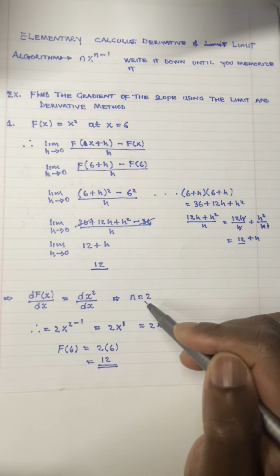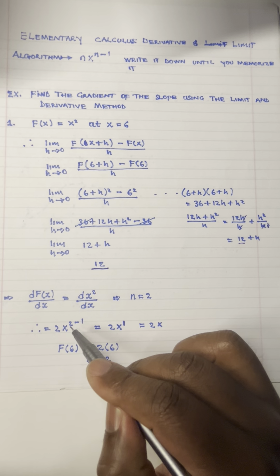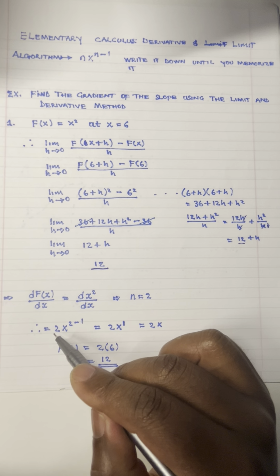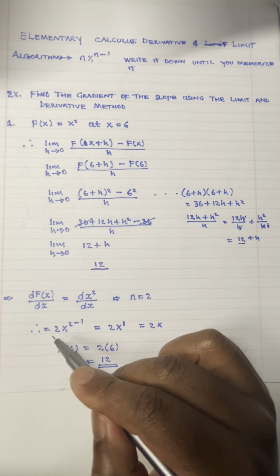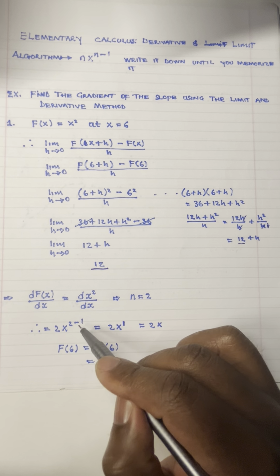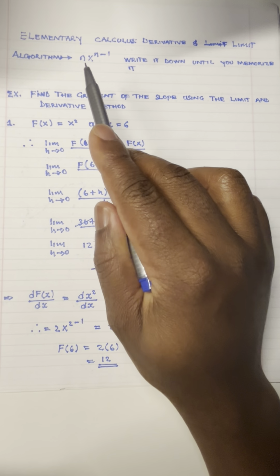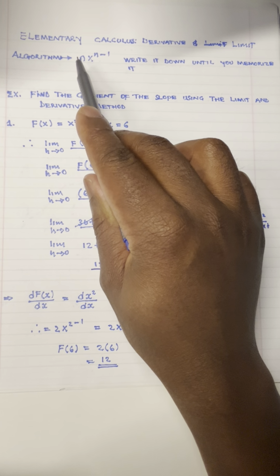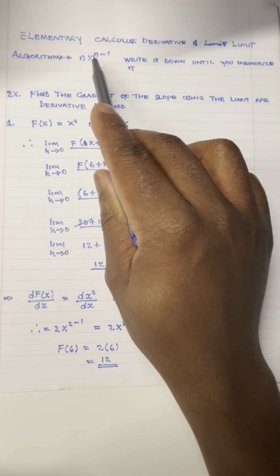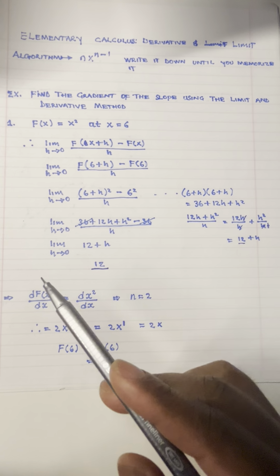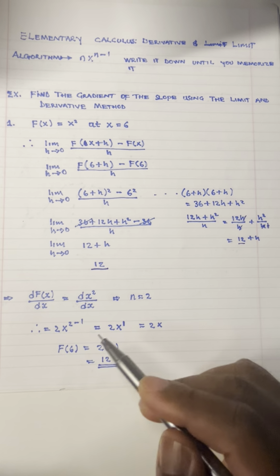Now, you take that exponent and put it in front of the x. Then you take that 2 again and minus 1. That is what that algorithm is saying: the exponent should be put in the front and the exponent should minus 1 over here.